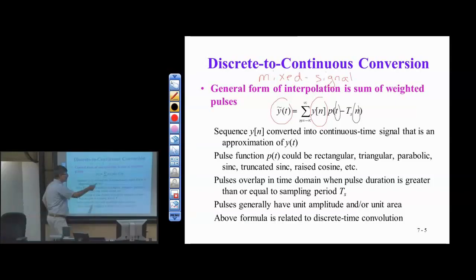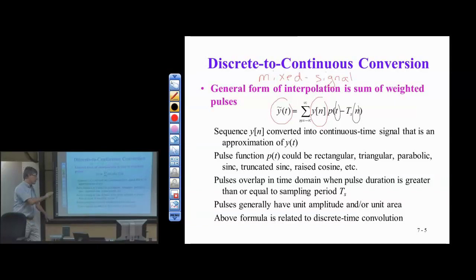I still use pulse shapes, p. The difference is now my outer variable of convolution would be discrete time. So what we do in discrete time cases, we'll upsample, add a bunch of zeros after each sample that we have, and then we run it through an interpolation filter to smooth out the result. And we'll do plenty of examples later, I guess it's next week, when we talk more about pulse shaping and communication systems.